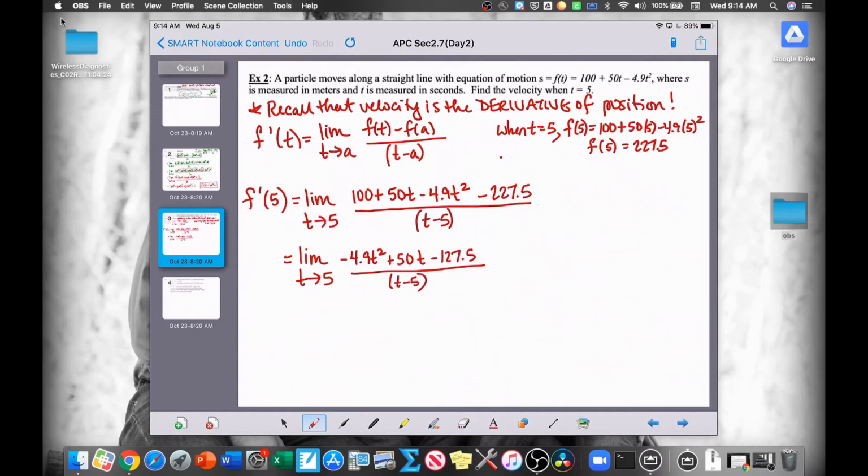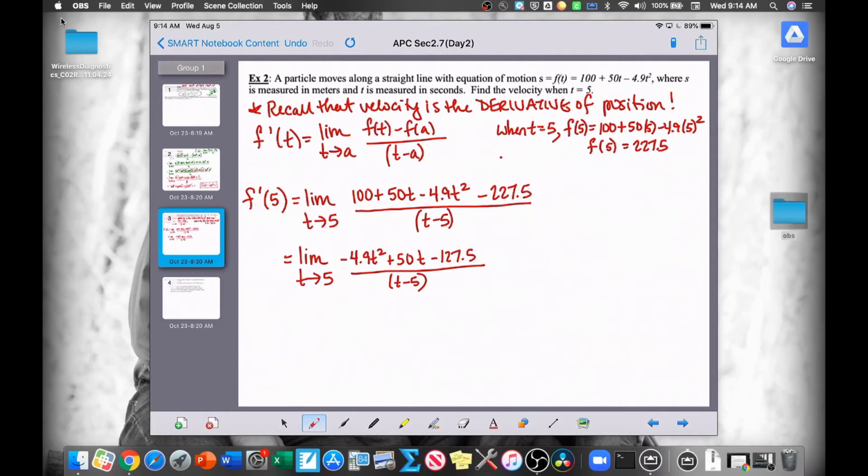And I know that in order to be able to evaluate this limit, I'm going to have to get rid of that factor of t minus 5 on the bottom, which means that there has to be a factor of t minus 5 on the top.